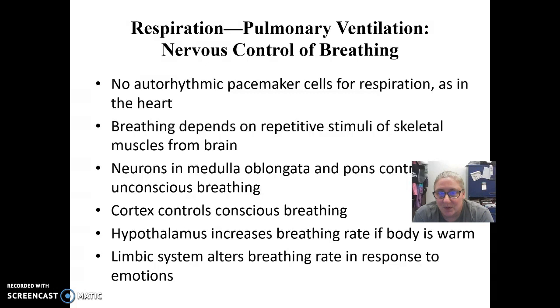So we have control over our breathing, but we cannot control it to the point where we choose to stop breathing so we die. You've all heard of children throwing temper tantrums, kicking their feet and screaming, and then they stop breathing. They're not going to be able to do that until they die, because your body would actually pass out and you would start breathing.